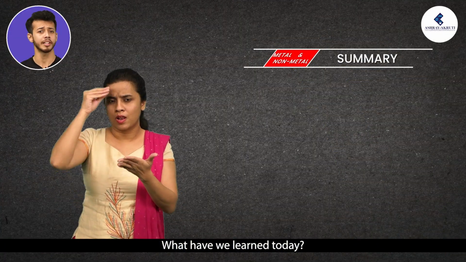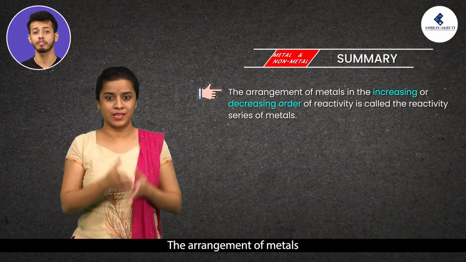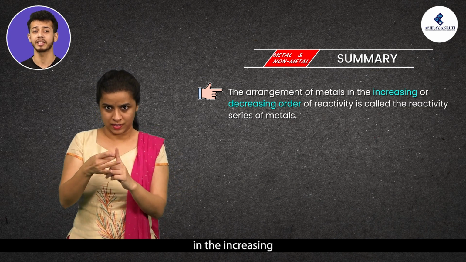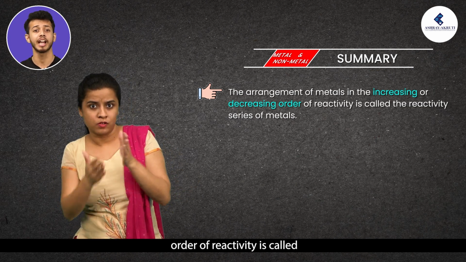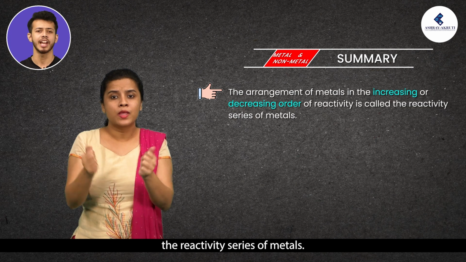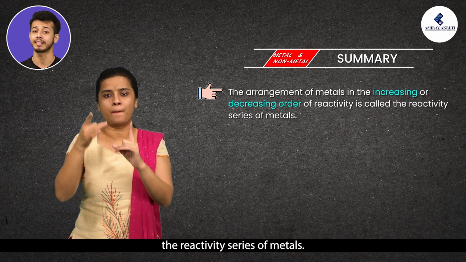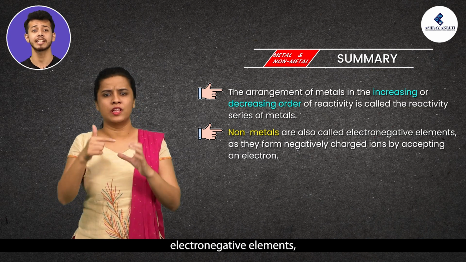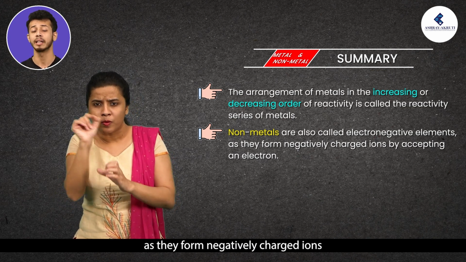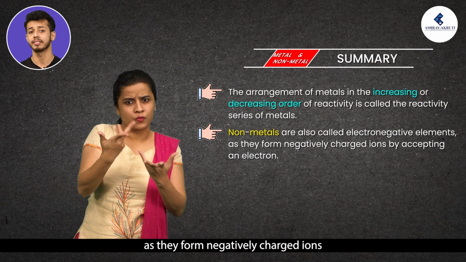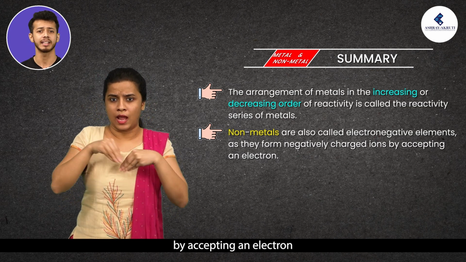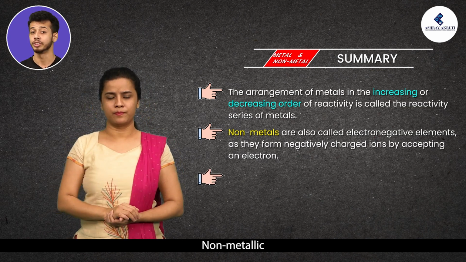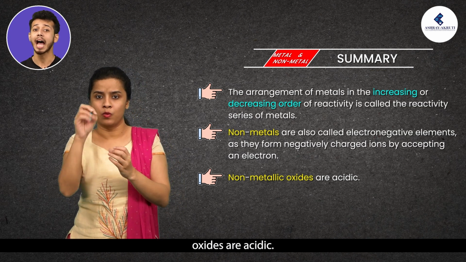What have we learned today? The arrangement of metals in the increasing or decreasing order of reactivity is called the reactivity series of metals. Non-metals are also called electronegative elements as they form negatively charged ions by accepting an electron. Non-metallic oxides are acidic.